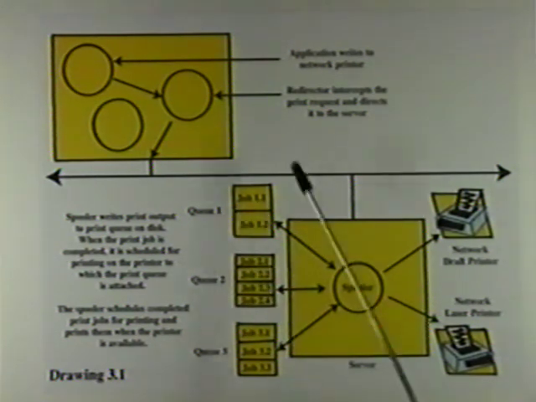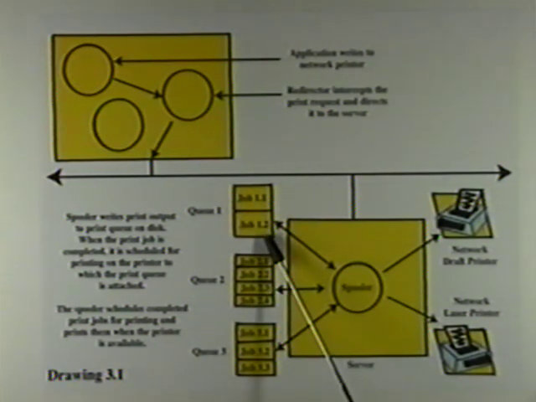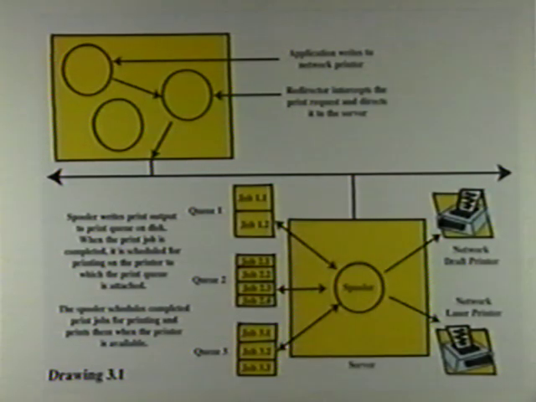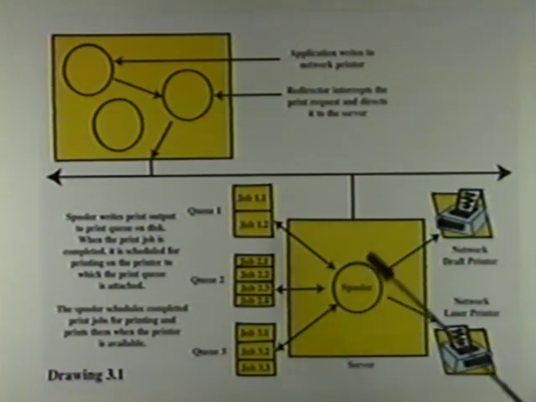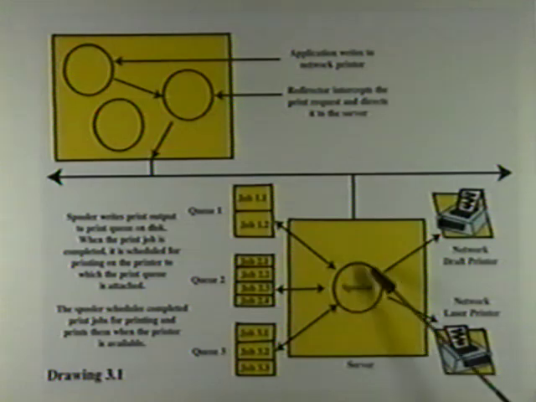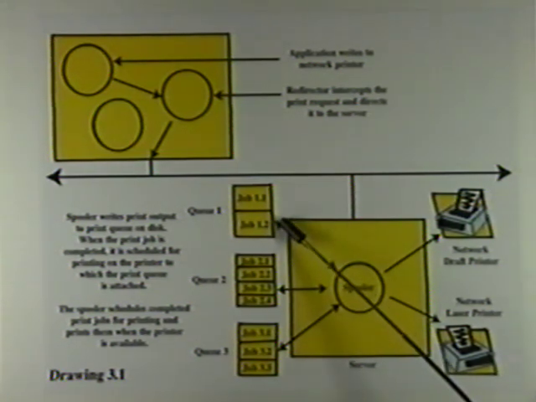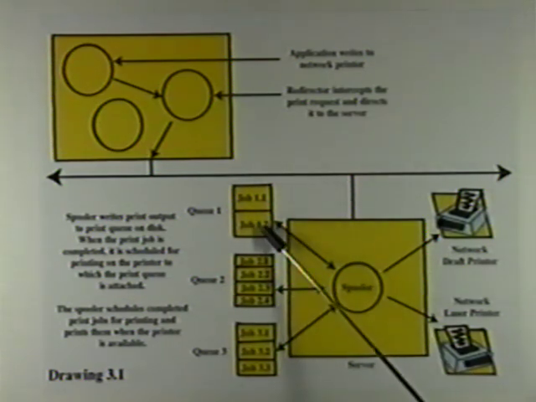So I'm showing Q1 here with 2 print jobs waiting. Q2 has 4 print jobs waiting, and Q3 has 3 print jobs waiting. As soon as the spooler sees a print job, it writes it to disk. In fact, it writes it to a hard disk and then puts it in a queue.